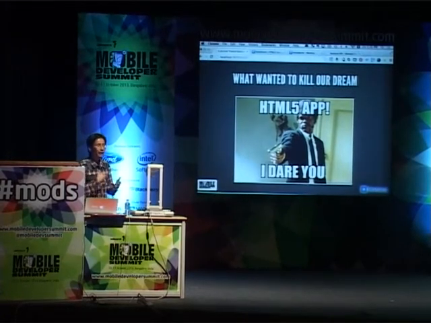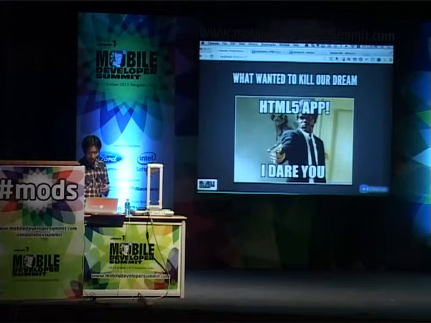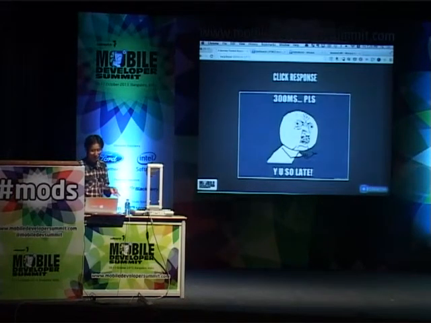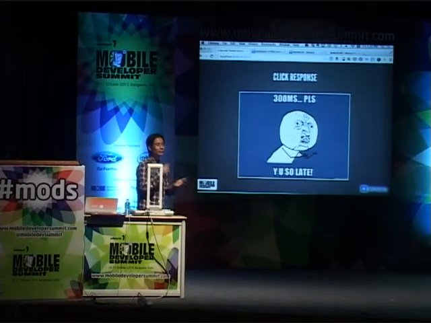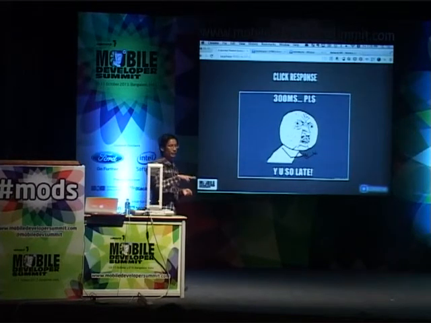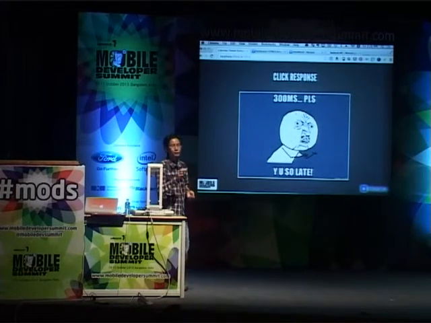There are a lot of problems, especially on Android. One problem is the 300 millisecond click delay. When you click, the browser is actually waiting to see whether the user double-clicks or just clicks, so that it zooms or not.